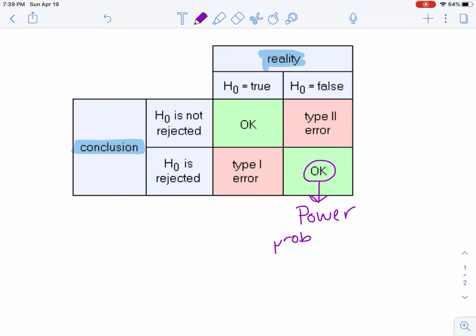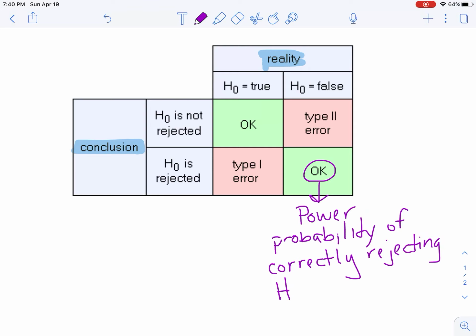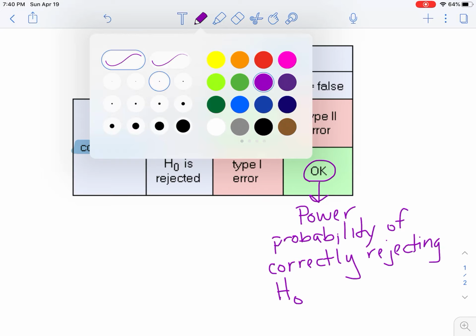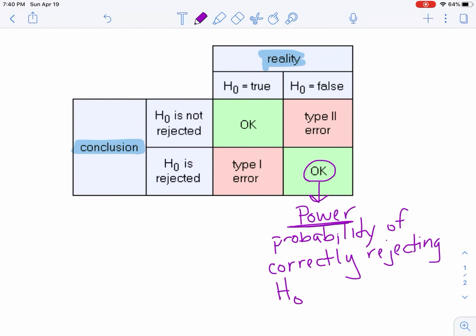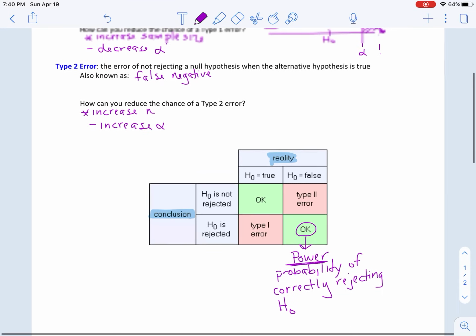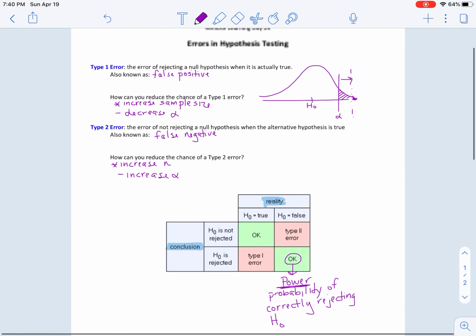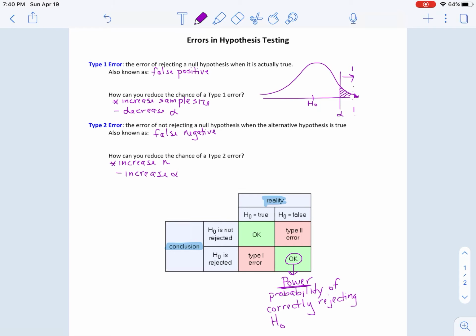So the power is the probability of correctly rejecting the null hypothesis. Right? So that's a good thing. That's why that's in green, and that's why the errors are in red, because you want to avoid those. Okay? So just one new term for today, the power, and a little bit of a review of the errors.